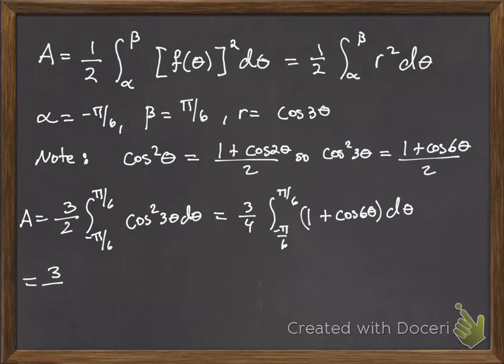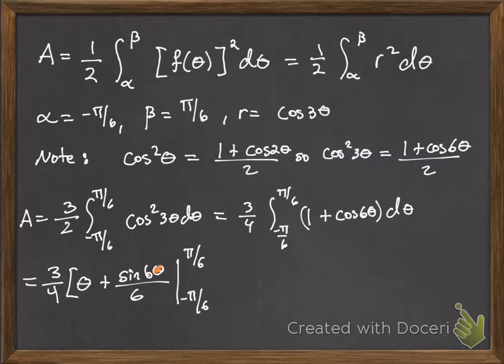And now we're ready to integrate, so 3/4 times theta plus sine of 6 theta over 6, evaluated from negative pi over 6 to pi over 6. I'm going to simplify this down a little bit. When I plug in pi over 6, I'm going to get the sine of pi, which is 0, so that's not going to contribute anything.